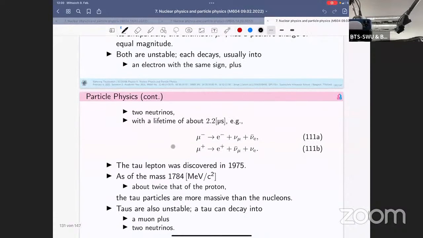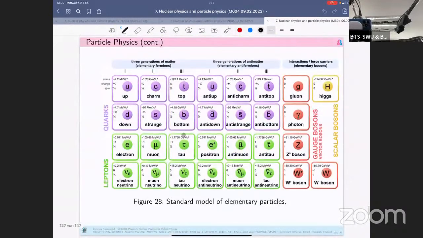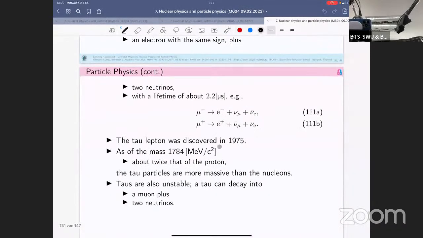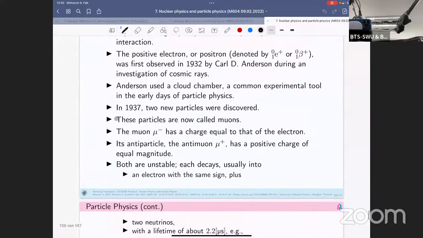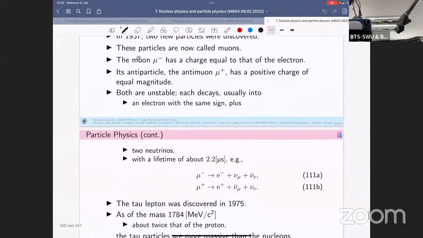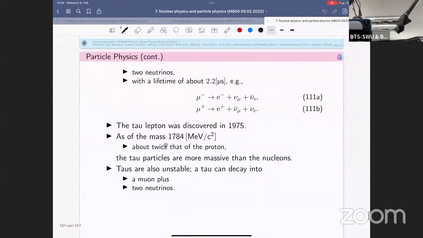The tau lepton is the biggest one at the moment, and it is very massive, 1.708 giga electron volt per c square, almost 160,000 times more massive than the muon. The tau lepton was discovered in 1975, much later than 1937, almost 40 years later.